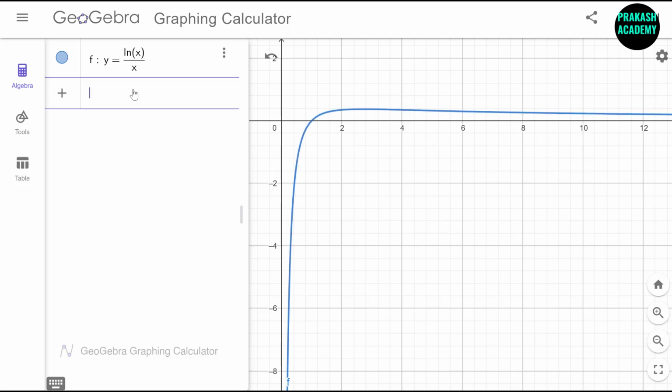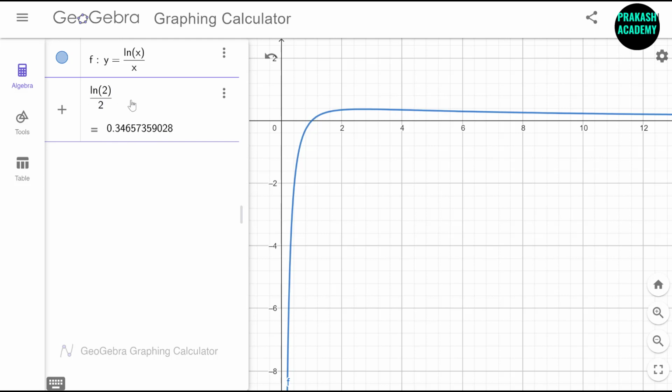Now let us plot g(x), that is the second function we have, ln 2 by 2. So this is ln 2, divided by 2. So you can see the value of ln 2 by 2 is 0.34.